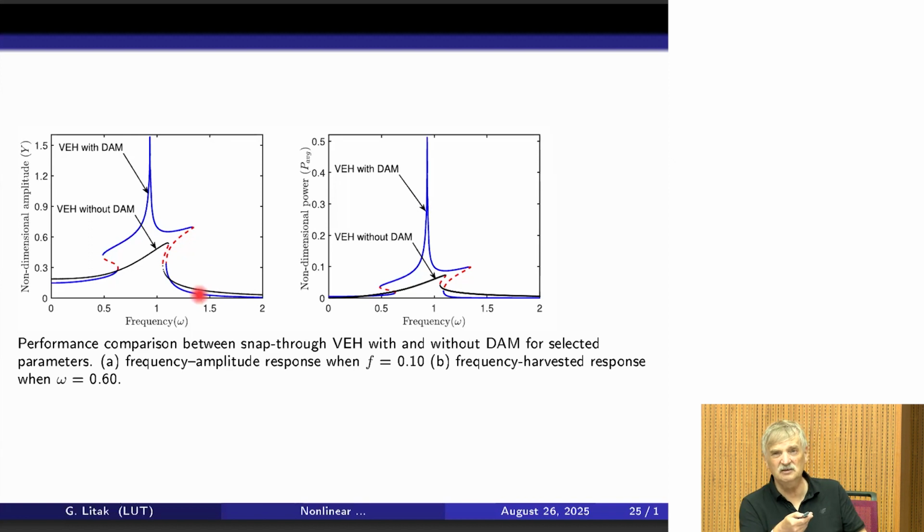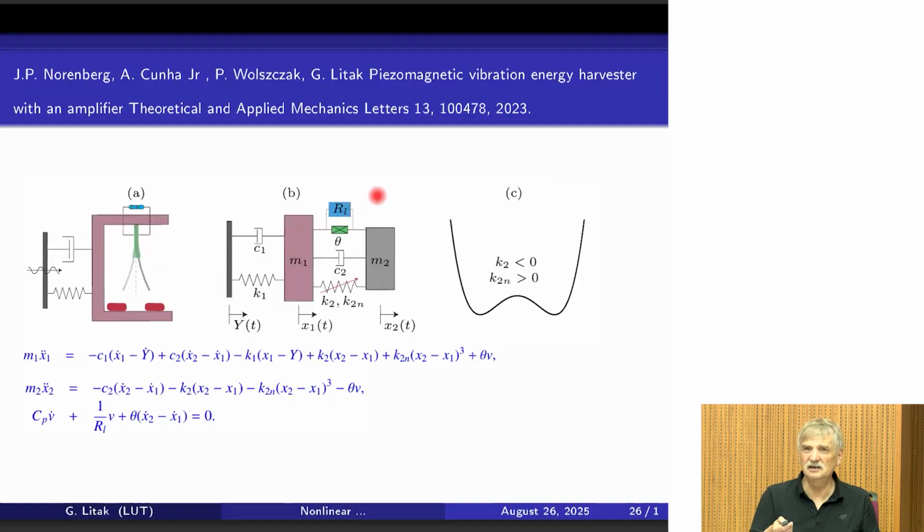But I told you that this is not a surprise, because we think that if we enlarge the number of degrees of freedom or something like that, we manipulate such effects. We can expect that there would be some help for the energy harvesting. And we also studied some system in 2023, but at that time we studied with piezoelectric, because the previous papers were magnetostrictive and also electromagnetic.